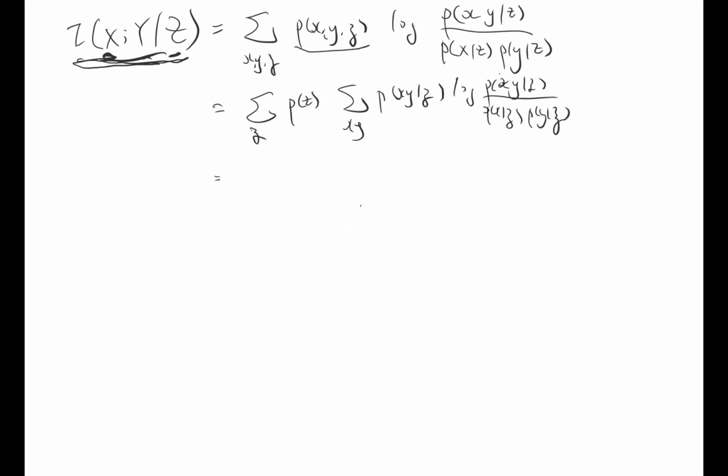Now we see that this guy is just KL-divergence, right? Again, it's the KL-divergence between P(x, y given c) and P(x given c) P(y given c), and summed over P(c) here.